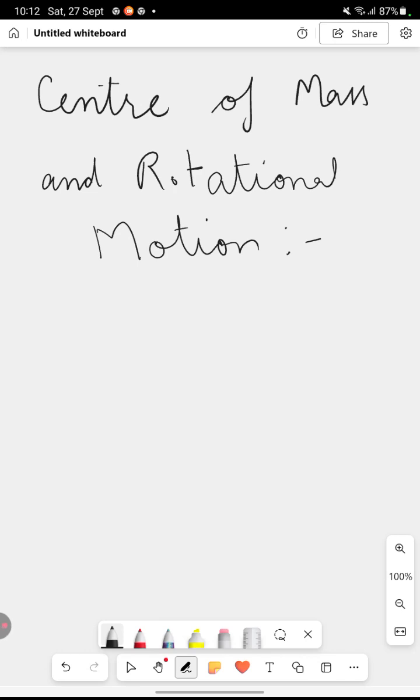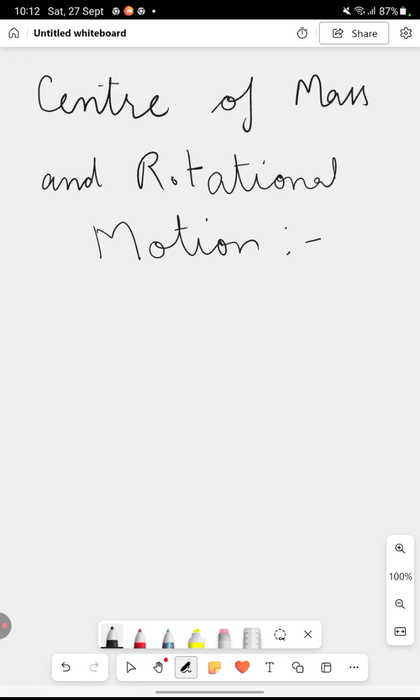Today we are going to start a new chapter: center of mass and rotational motion. Till now we were considering a body like a single particle.